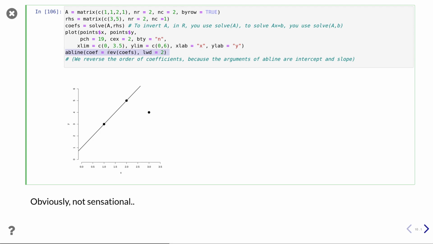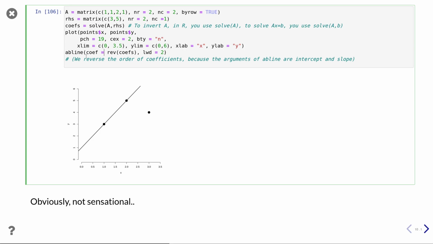What I call A is what R calls B, and what I call B is what R calls A. But that's not really a problem, because there's this very nice little command, rev, for reverse, that changes the order of a vector. So if I go rev coefs, I get the opposite direction.